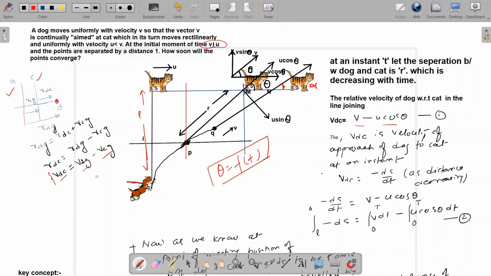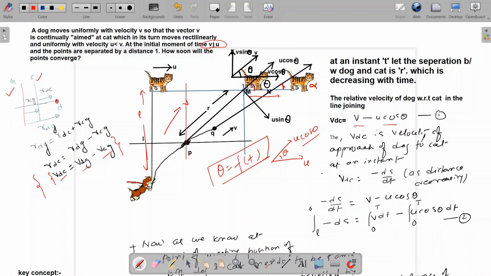Now, in order to apply the concept of relative velocity, we understand that velocity comes with a direction. So if the velocity vector of the cat is in this direction, then we have to take the direction of velocity of the cat in this direction only. Now, if this angle is theta, and the velocity of the cat is in this direction u, then we can write this will be u cos theta.